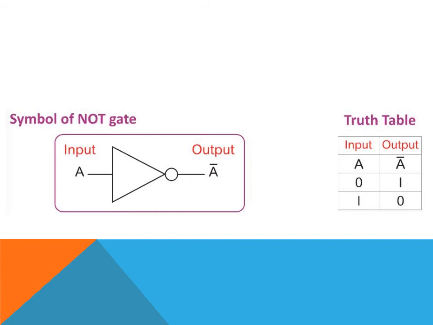If you understand the logic of the truth table, you can draw it again and again in your notebook, in your answer sheet, in your exam, everywhere. Just understand it. The NOT gate is the inverter. It inverts the input. So if the input is A and output is A bar, then it will just invert the input. That means 0 will become 1, 1 will become 0. Simple.